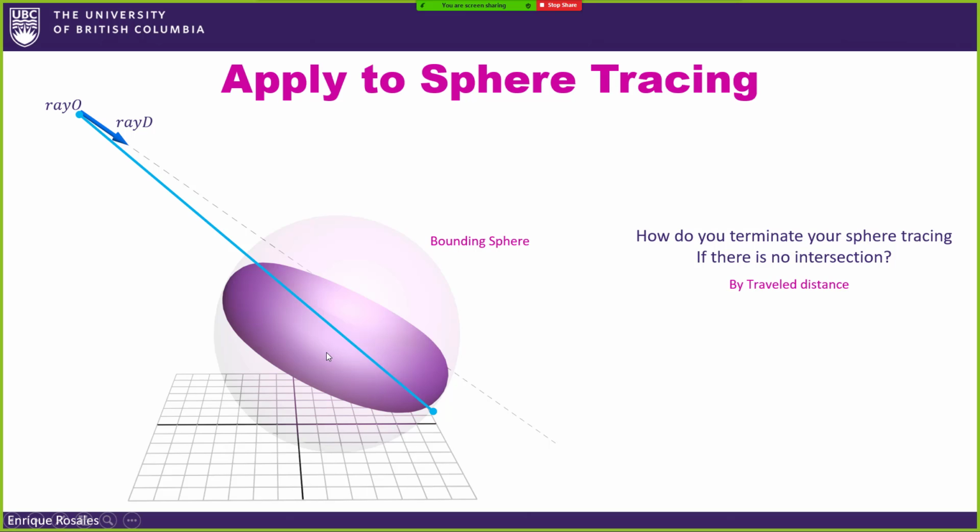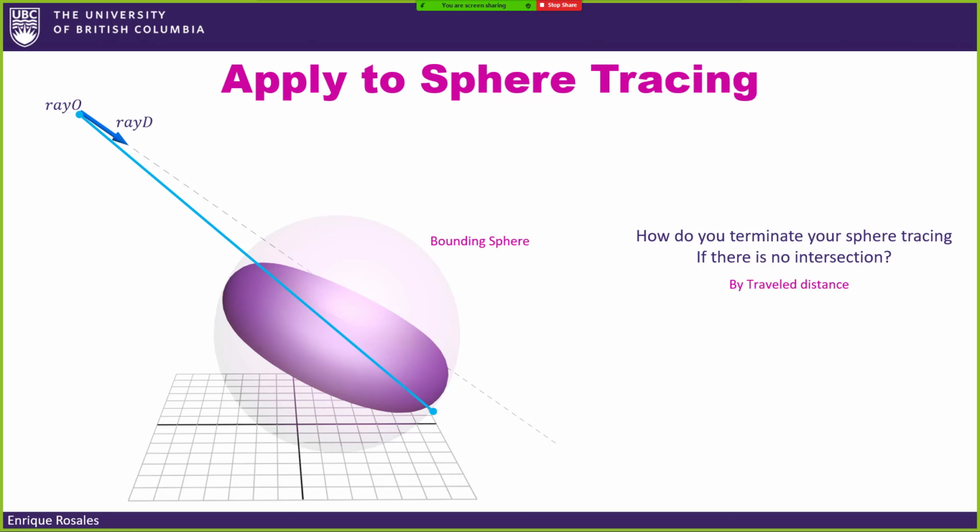You can compute, for example, a bounding sphere. Remember what a bounding box is: the minimal box in which you can put your object inside. A bounding sphere is basically the same. It's just the minimal sphere that will cover your entire object.